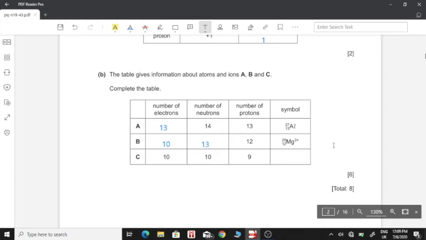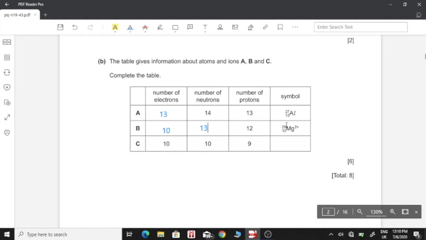Right, part C. We know the number of protons, which is also the atomic number, is 9. So the ion is going to have an atomic number of 9, and mass number is going to be 10 plus 9, which would be 19. In the periodic table, we have the fluorine atom, which has a mass number of 19 and atomic number 9.